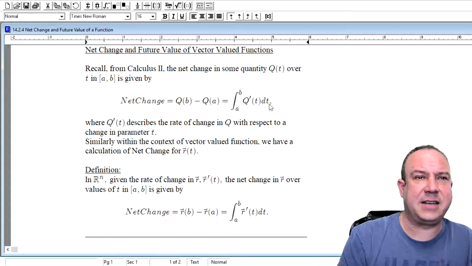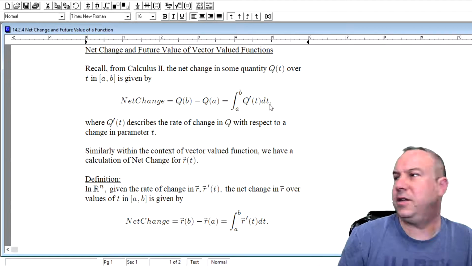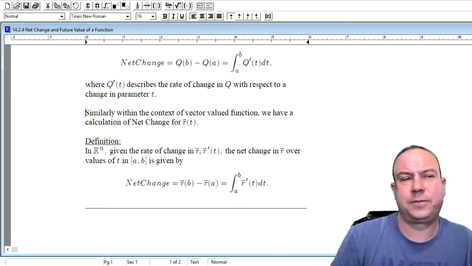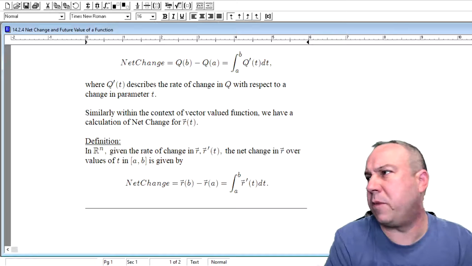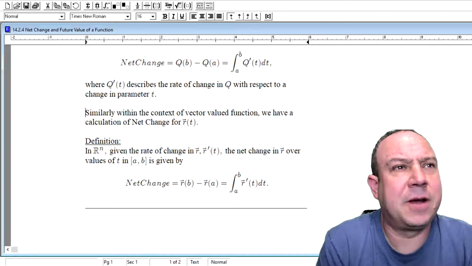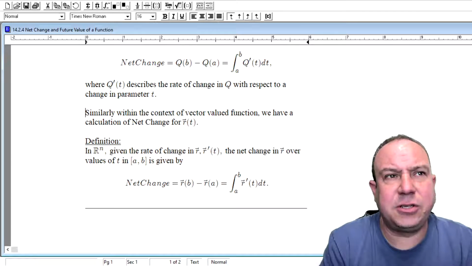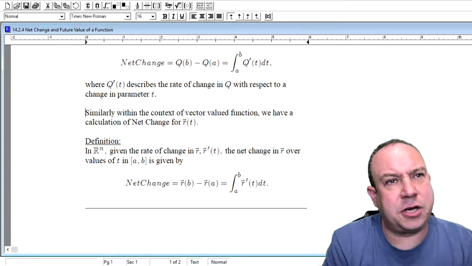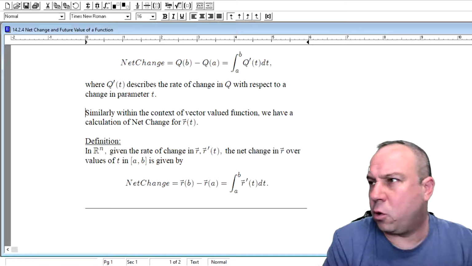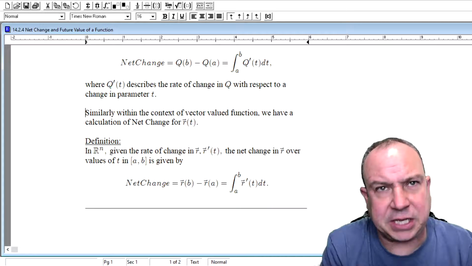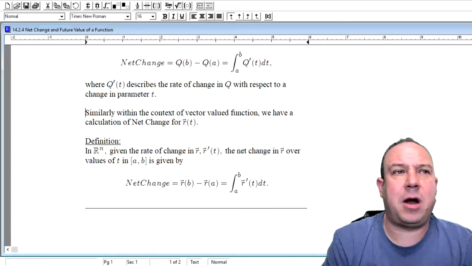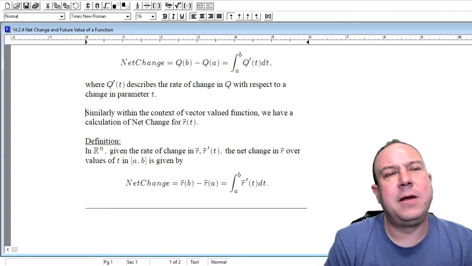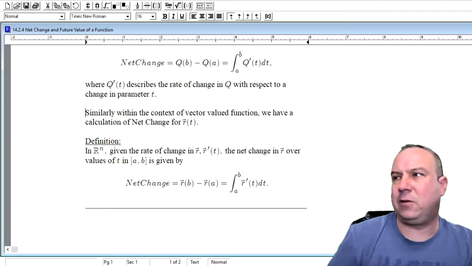Similarly, within the context of vector valued functions, we might see net change presented as follows. For a vector valued function given by r bar of t in n-dimensional space, given the rate of change in r bar, that would be the quantity r bar prime of t, the net change in r bar over values of t in the interval from a to b is given by the following calculation.